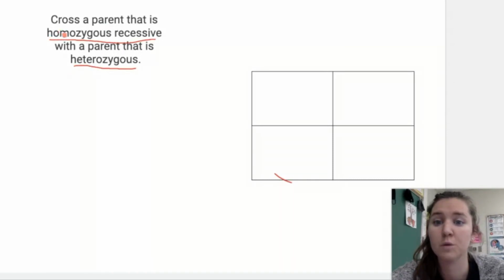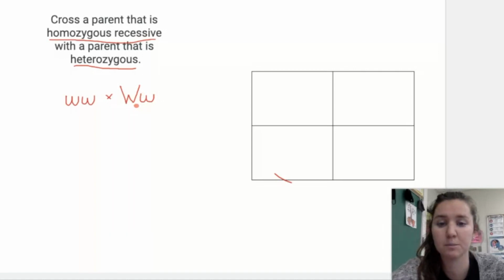So remember, homozygous means same, recessive means that they would both be lowercase. So we're crossing a parent with this genotype with one that is heterozygous. Hetero means different, so our second parent would have one dominant allele and one recessive allele.